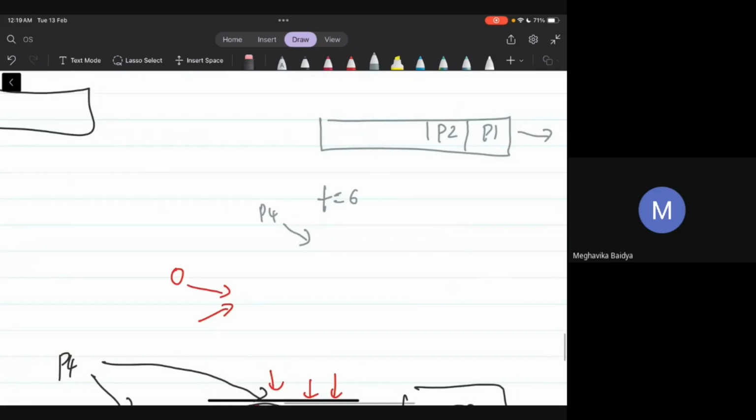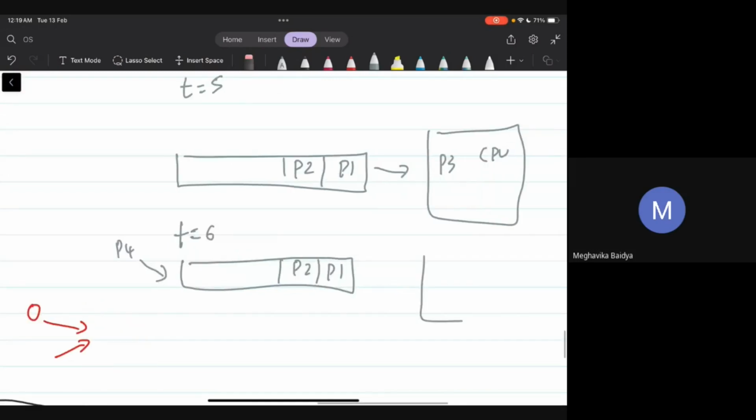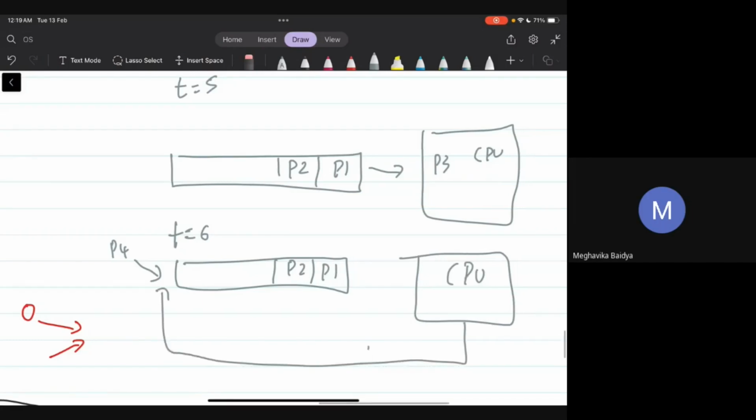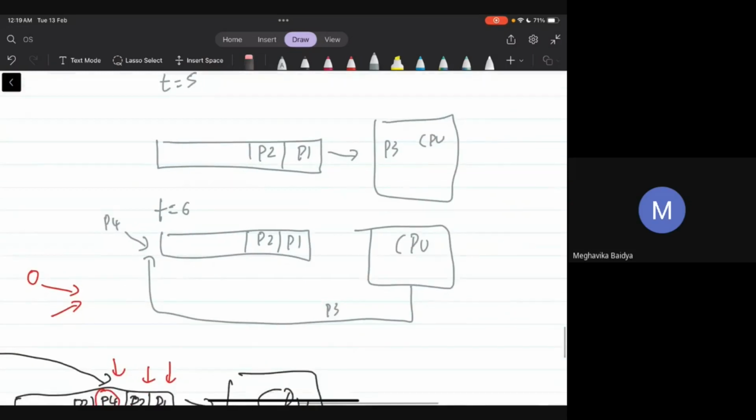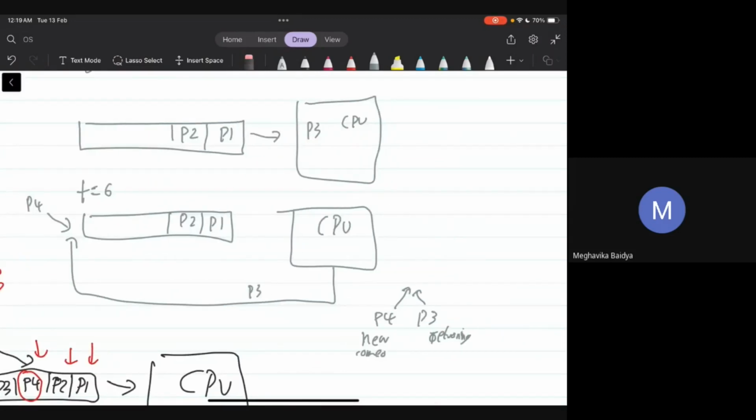P4 is a new process coming in, and P1 and P2 are already there in the queue, and P3 just got out of the CPU. So P4 and P3 are clashing; they come together at the same time, because P3 is returning and P4 is a newcomer. When P4 is a newcomer, P4 will go ahead of P3.